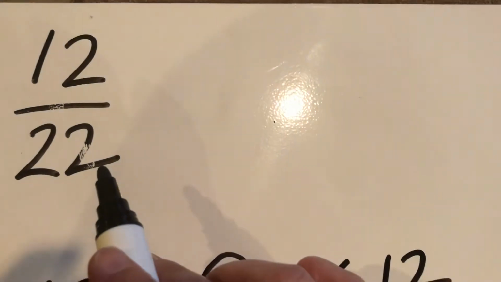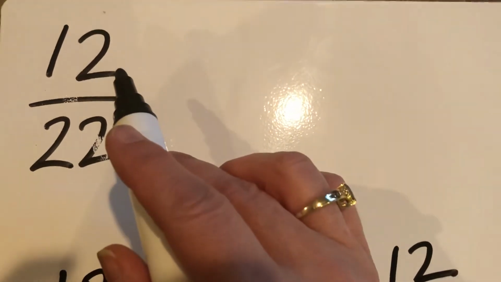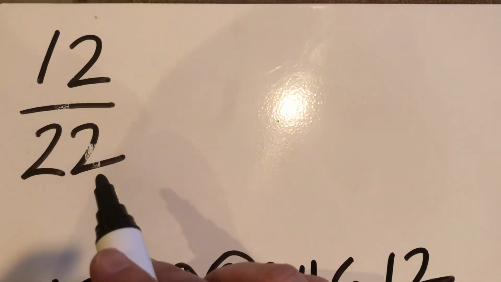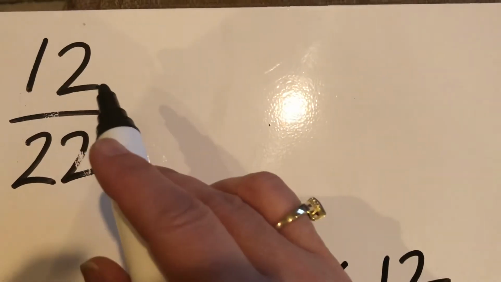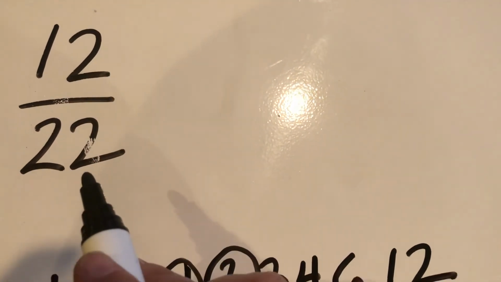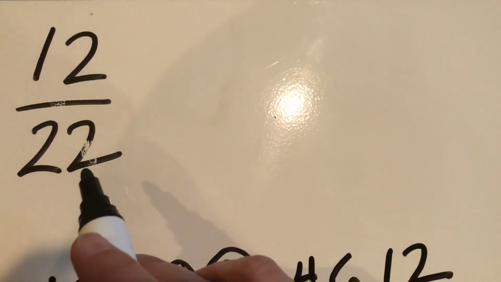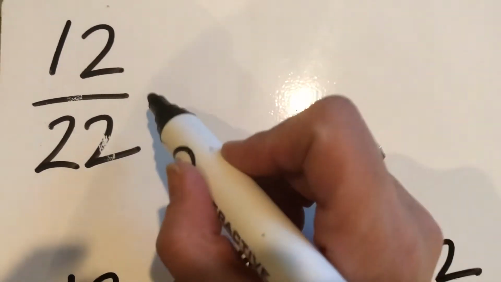I might think, well, 4 could go into 12, but that doesn't work for 22. So I might say, well, 3 can go into 12 evenly, but 3 is not a factor of 22. So then I think it must be just 2.